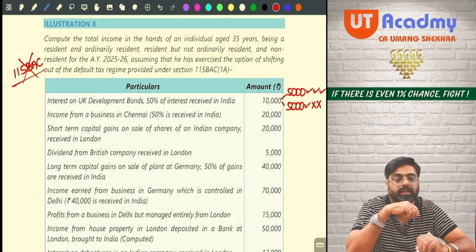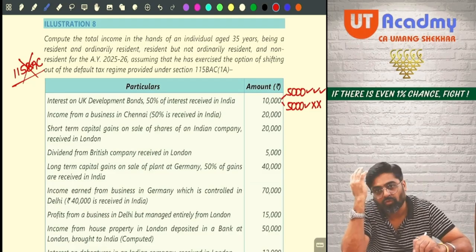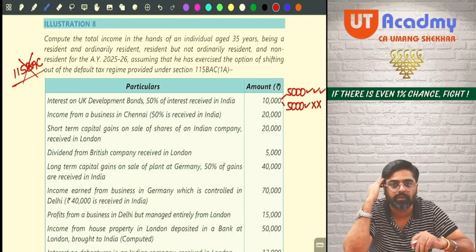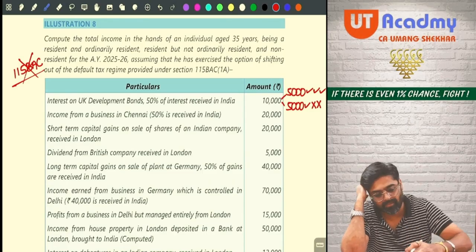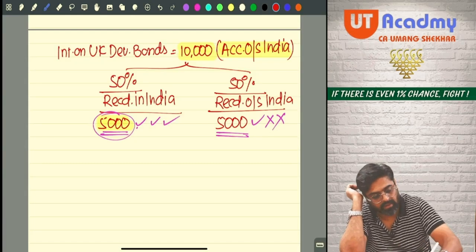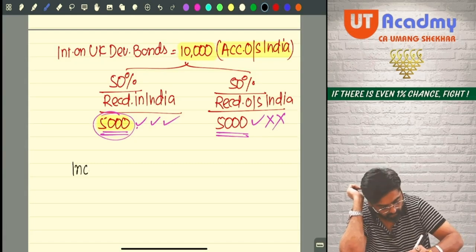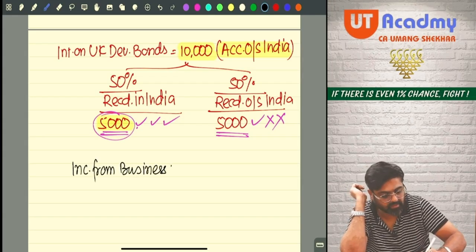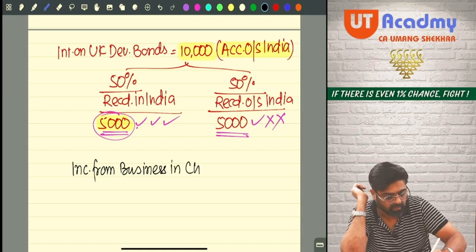Income from business in Chennai. 50% received in India, meaning that 50% received outside India. Same logic. Come on. What is the income? Income is income from business, and that business is in Chennai, not China.